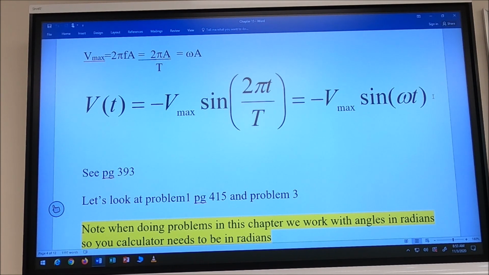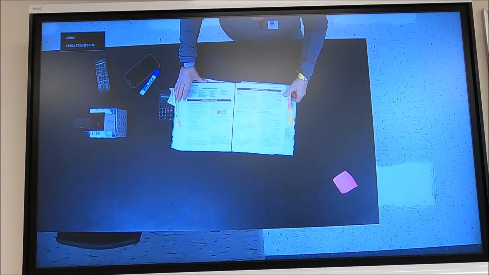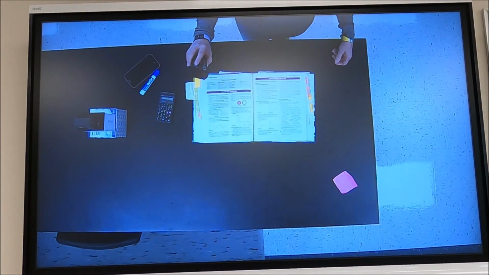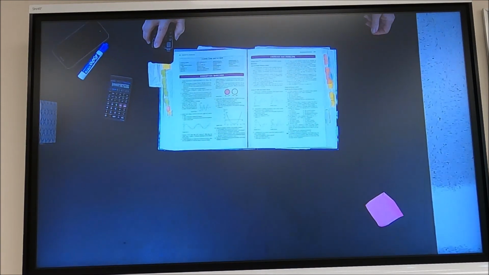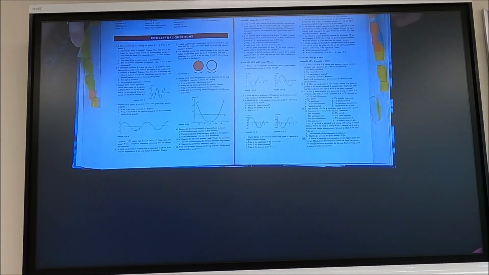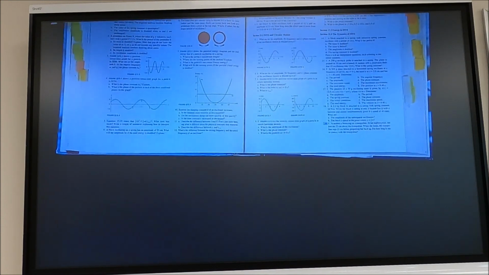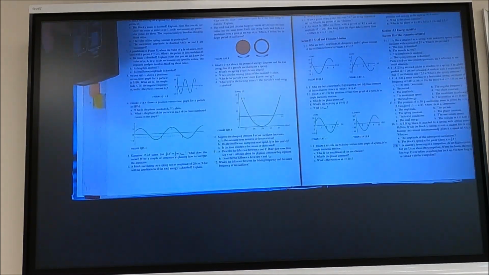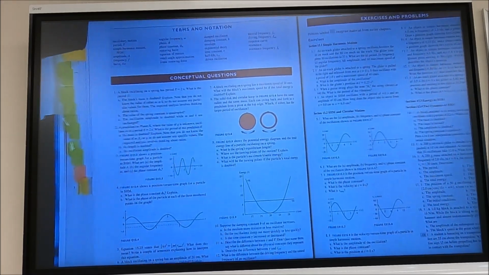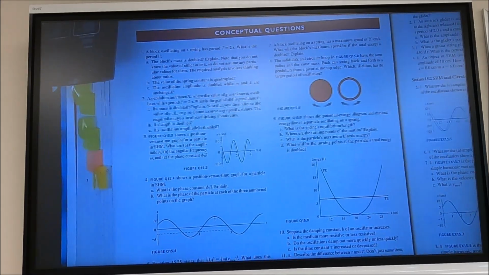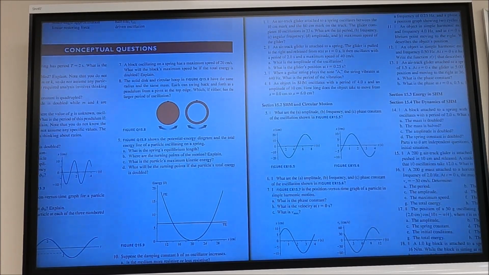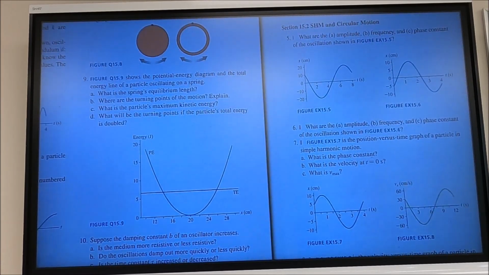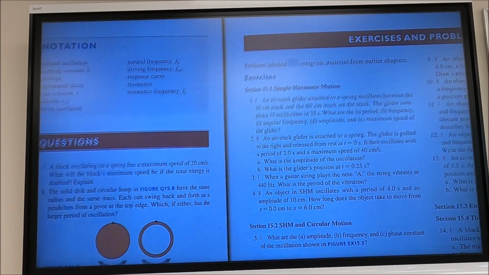Okay, I'm going to look at problem 1 at the end of the chapter. Okay? Let's zoom. Zoom in a little more. I swear, guys, I didn't undo the zoom.